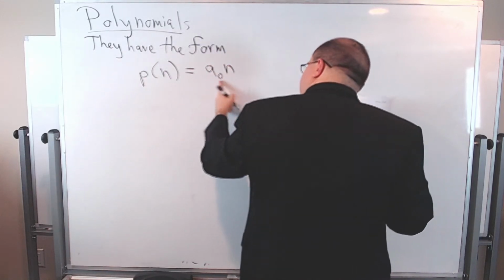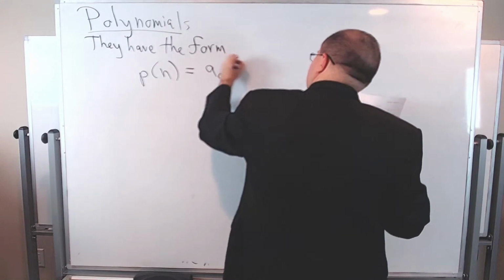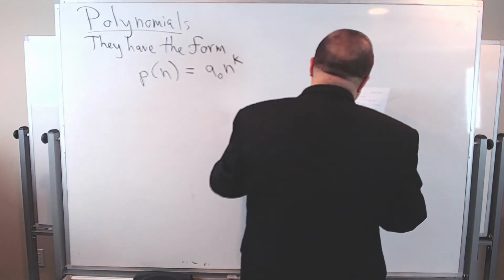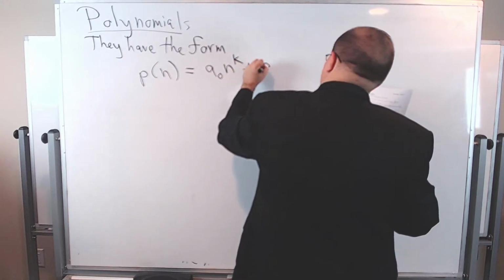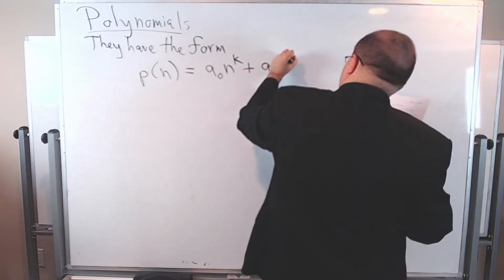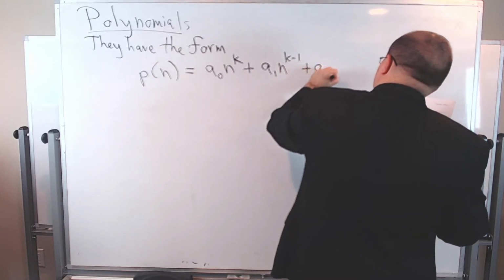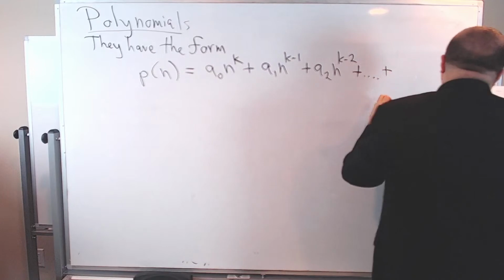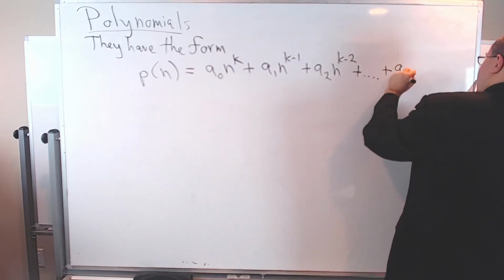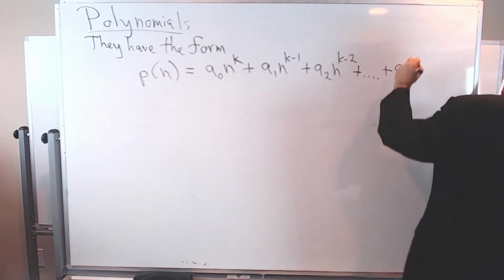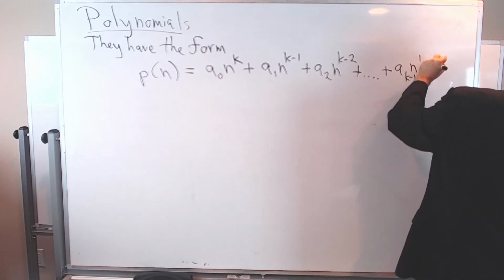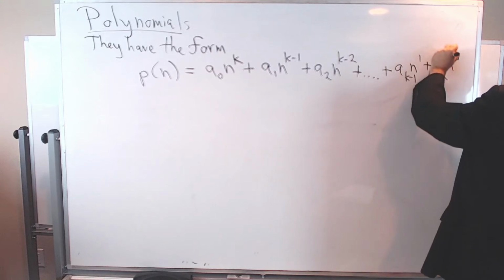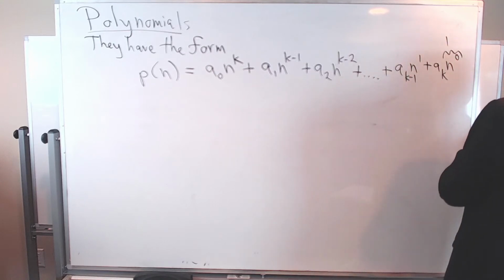So a0, a constant, times n raised to some power k, where k is a constant, plus a1 times n to the k minus 1, plus a2 times n to the k minus 2, and it goes all the way down to a k minus 1 times n to the power 1, plus a k times n to the power 0. It's worth noting that n to the power 0 is just 1, right?